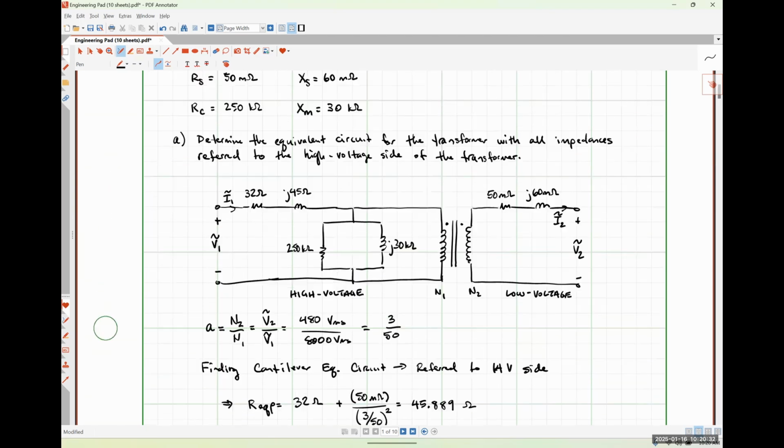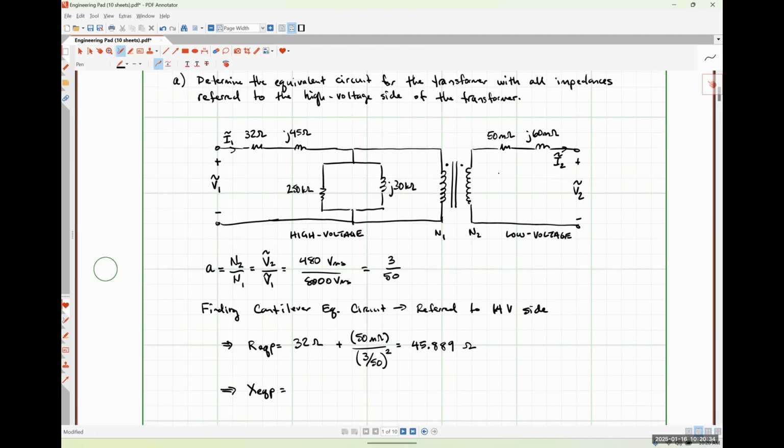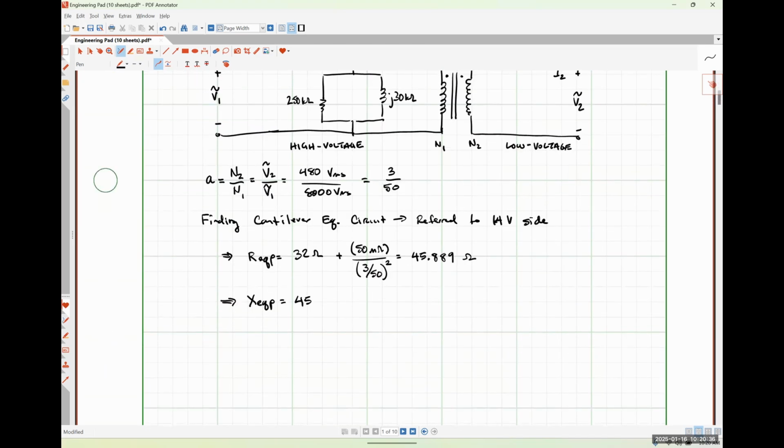We're going to start with XP by itself, 45 ohms, and then we are going to refer that 60 milliohms of reactance over by dividing it by A squared. So that's going to come out to be 45 plus 0.06 over 3 over 50 squared.